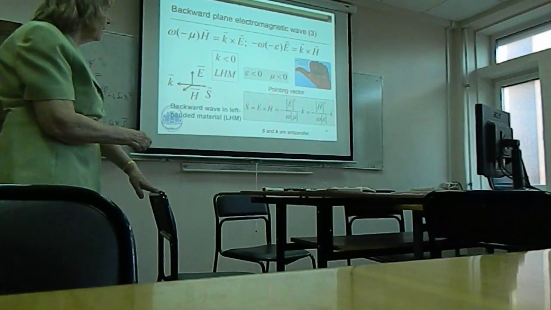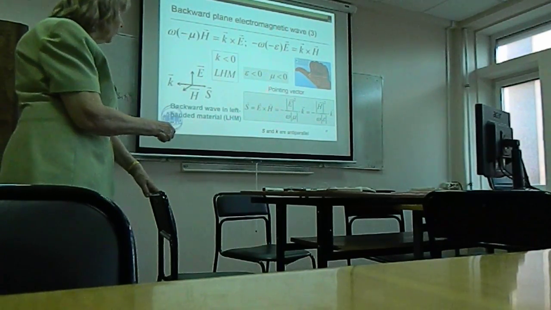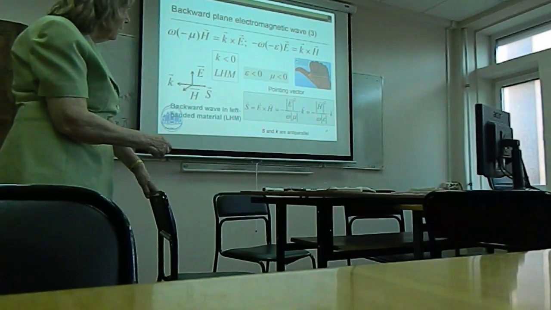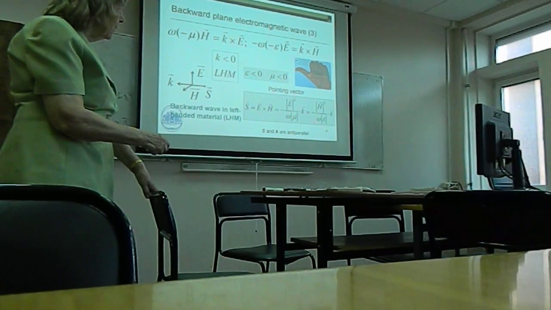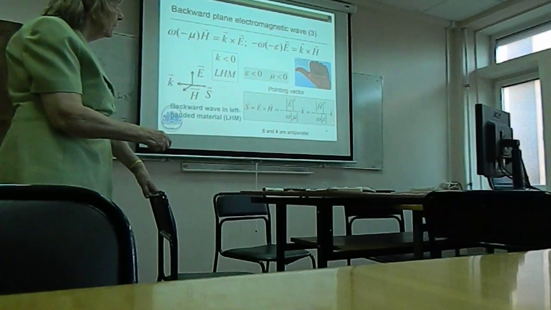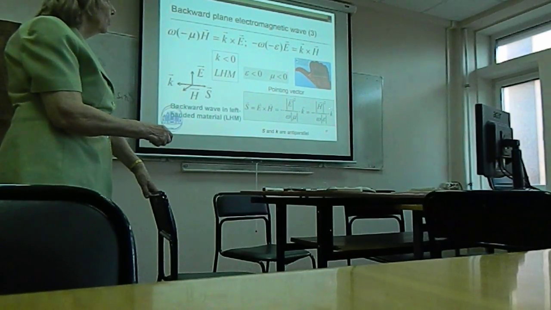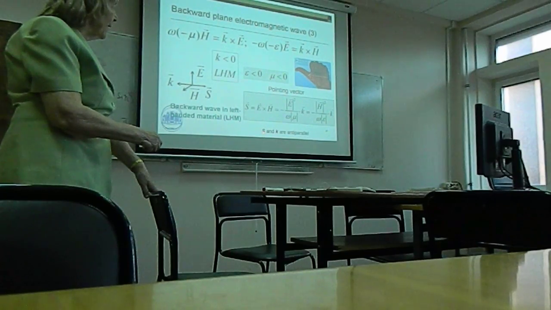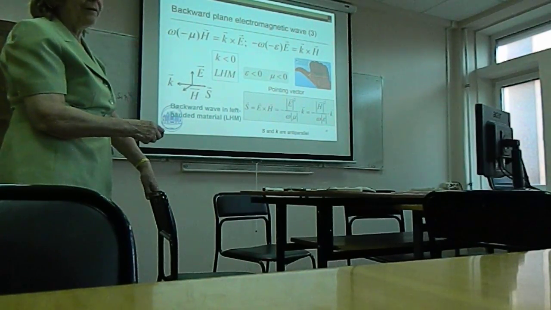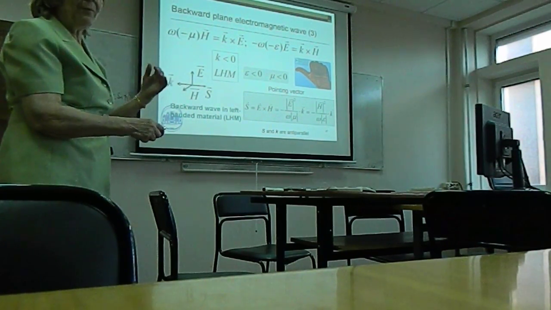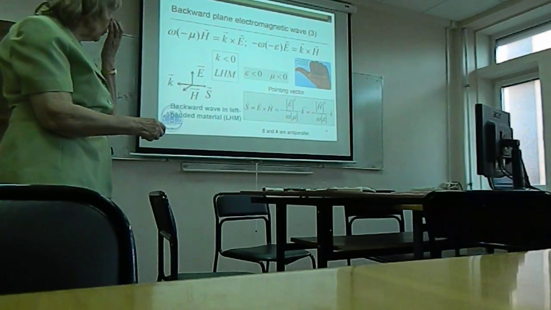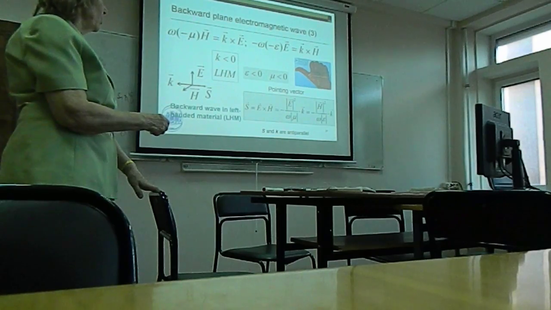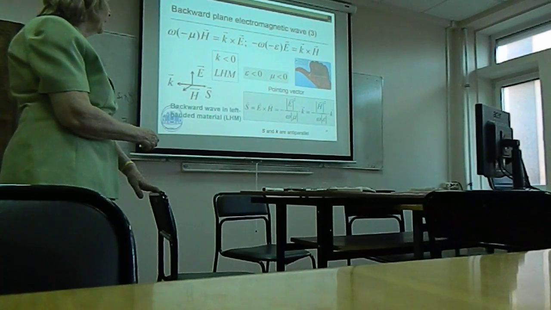And for the Poynting vector, if you use these equations, we will obtain that the Poynting vector is equal to minus this value. So that means that K and S are antiparallel. The wave number is antiparallel to the direction of energy transfer, the Poynting vector.